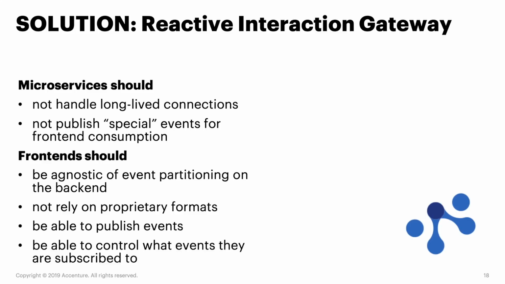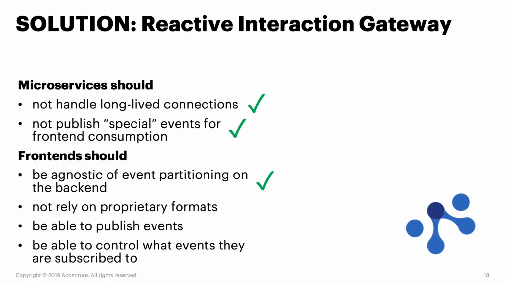There is no need to target a specific frontend. The events that can be picked up by other microservices can also be picked up by frontends. By repartitioning events according to event types and subscription constraints, the Reactive Interaction Gateway hides the backend's partitioning scheme. To the front end, there is only one source of events.